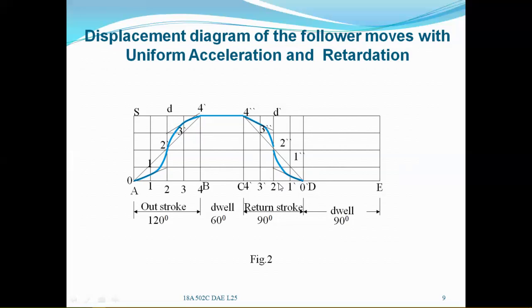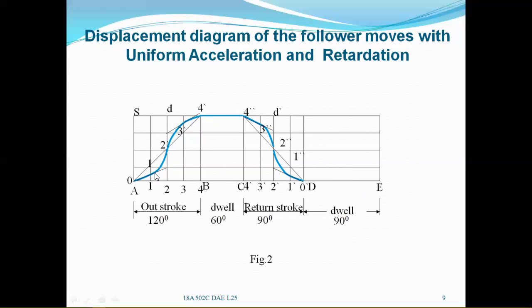That means divide this second 2 dash vertical line into the same number of parts and join D1 dash, D2 dash, and 4 dash to 4, 3 dash, you will get another point 3 dash. If you join all these points, this will become 0, 1, 2, 3, 4, 4 dash, 3 dash, 2 dash, 1 dash, finally D, and up to here D.